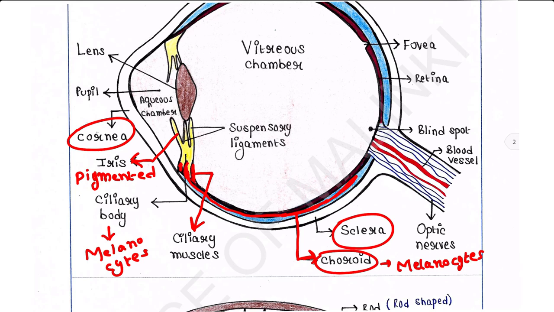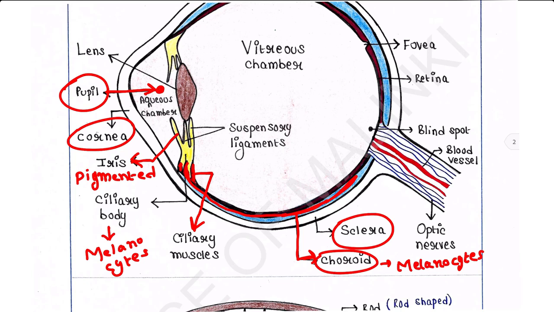Okay. Now, a hole is present in the center of the iris through which light enters our eye. It is called the pupil. So through this hole, light enters our eye.